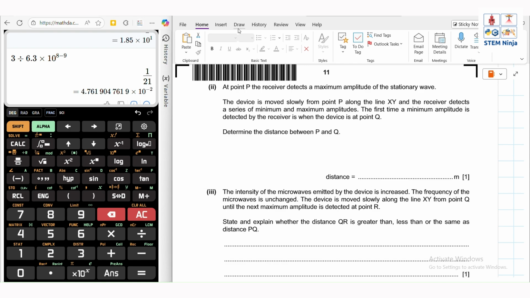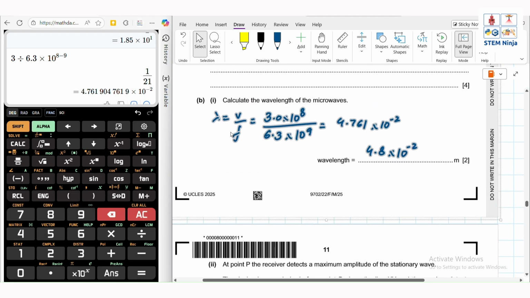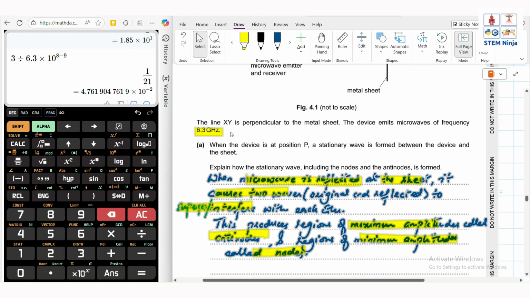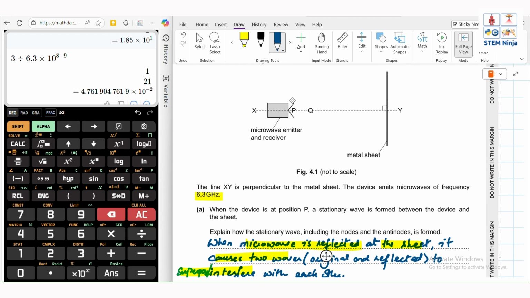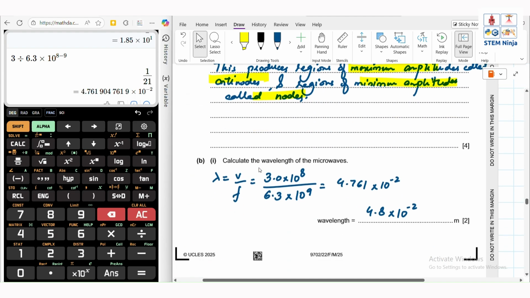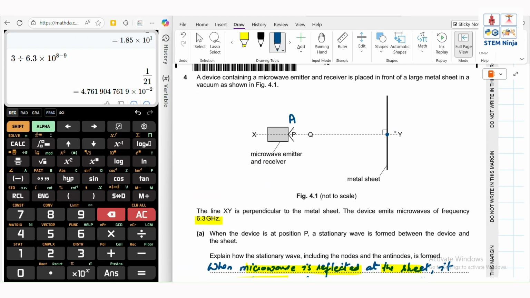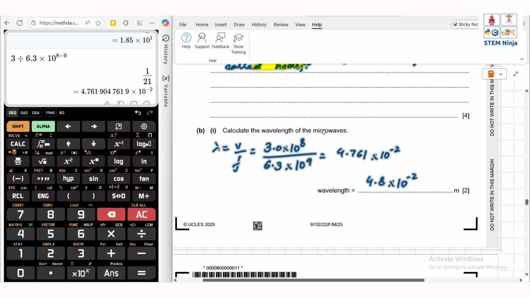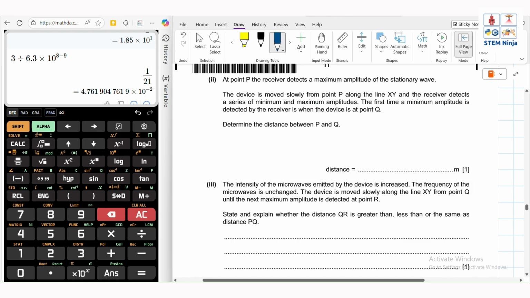Now, at point P, the receiver detects a maximum amplitude of the stationary wave. So again, maximum amplitude means antinode. So this is the place of antinode. And at the point of reflection over here, this would be a node. Now, the device is moved slowly from point P along the XY, and the receiver detects a series of minimum and maximum amplitudes.